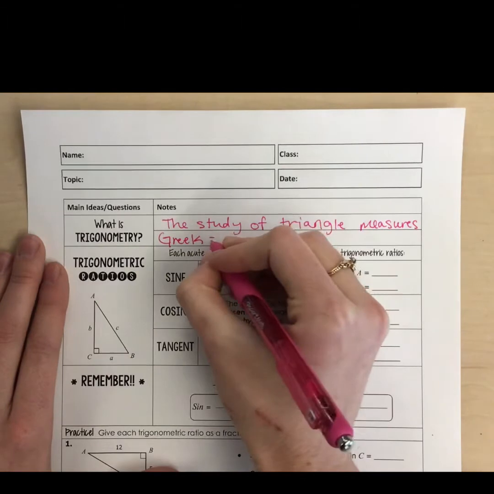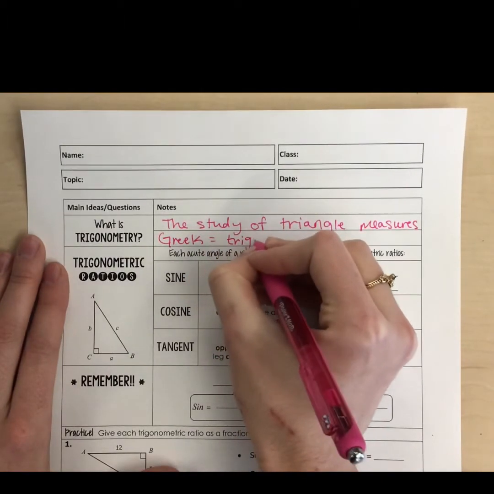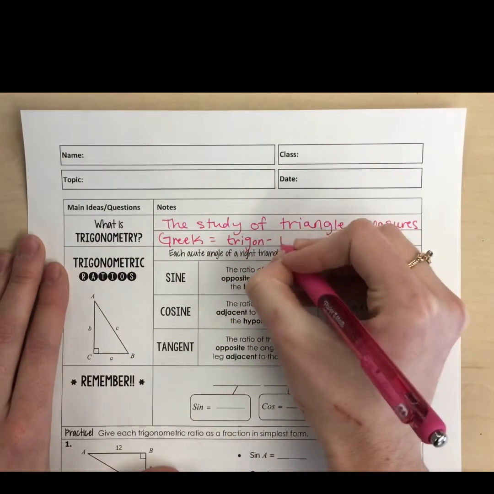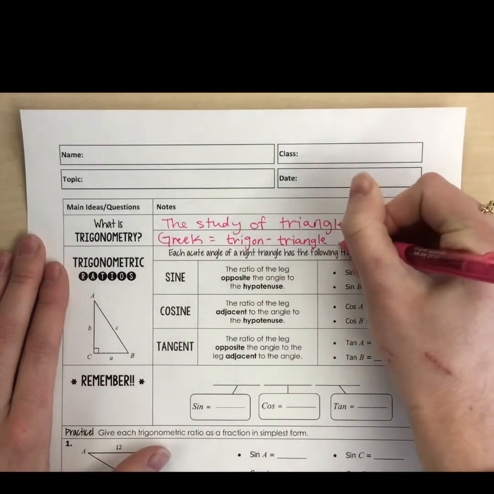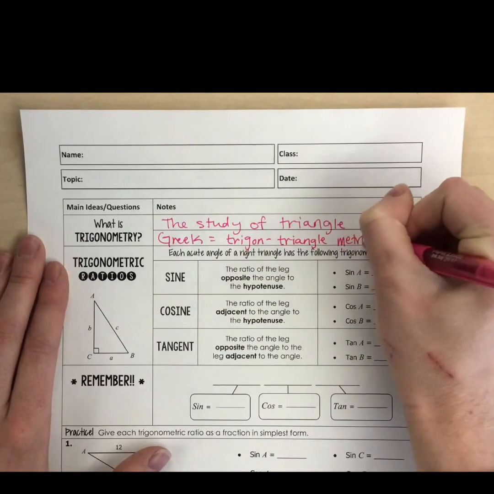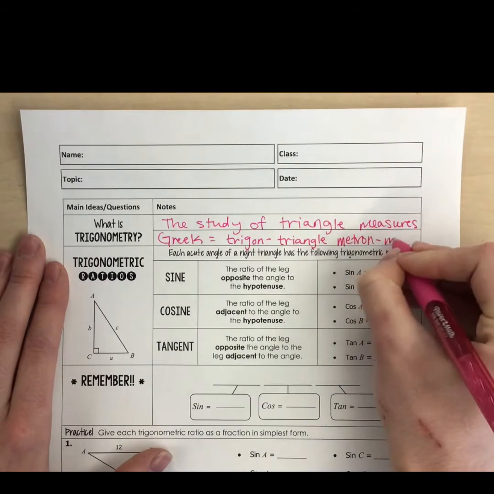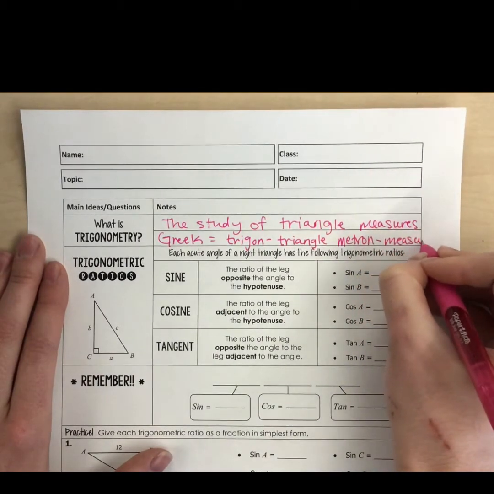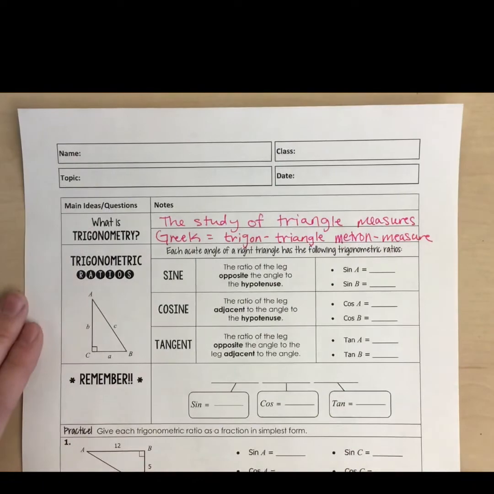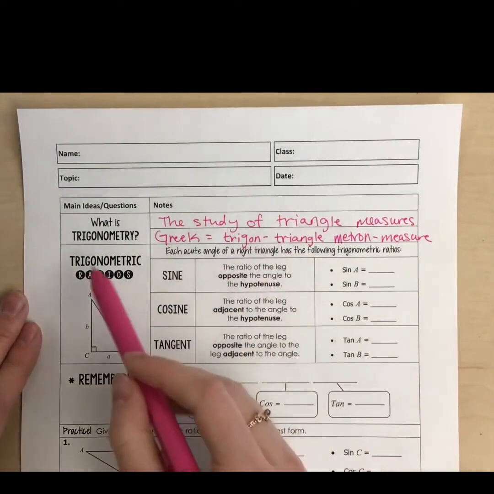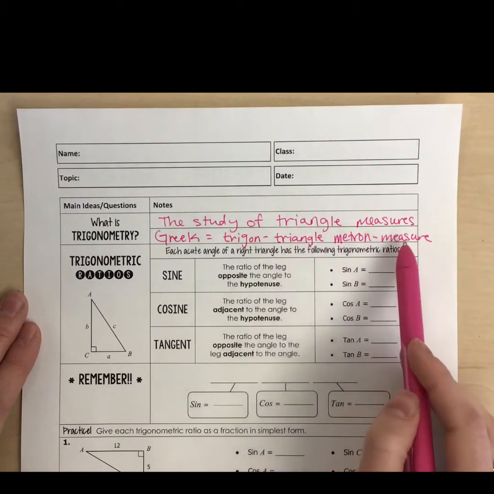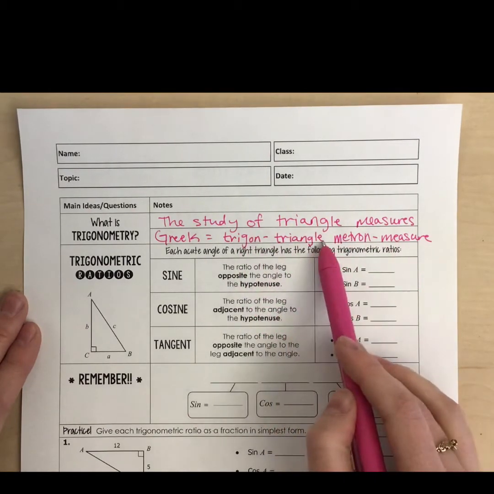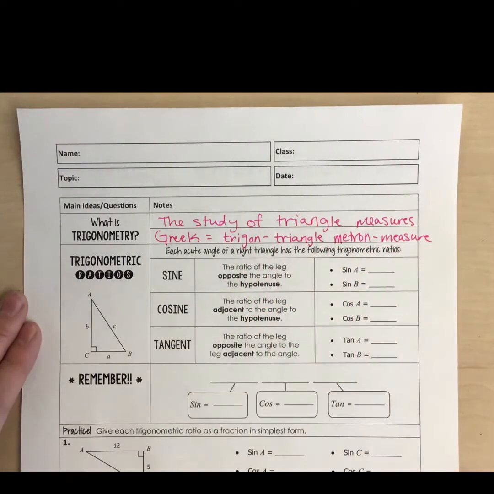We have trigon, which just means triangle. And we have metron, which means measure. So you can see, basically trigonometry just means exactly what it says. It's triangle measures. Trigon, triangle, metron, measure.